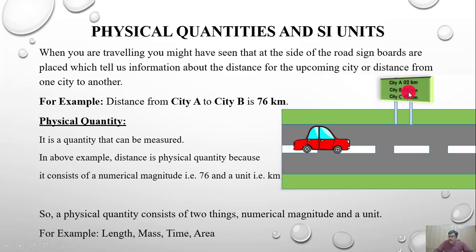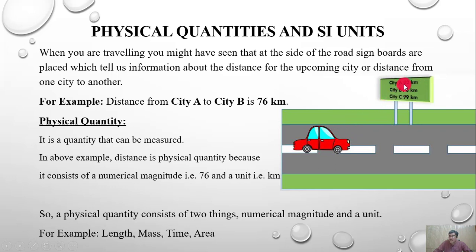City B distance is 78 kilometers. City C distance is 99 kilometers. From this location, the distance of city A is 2 kilometers. City B distance is 78 kilometers from this location, not from city A onwards, from this location.